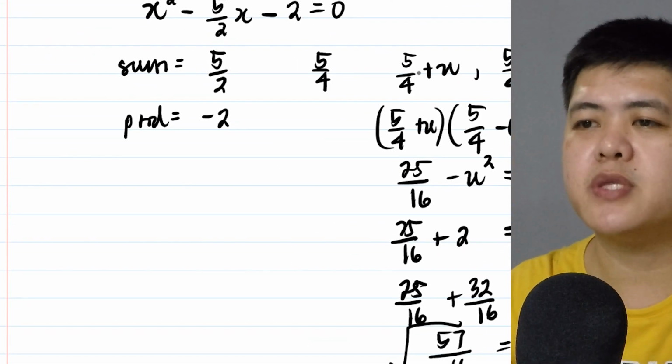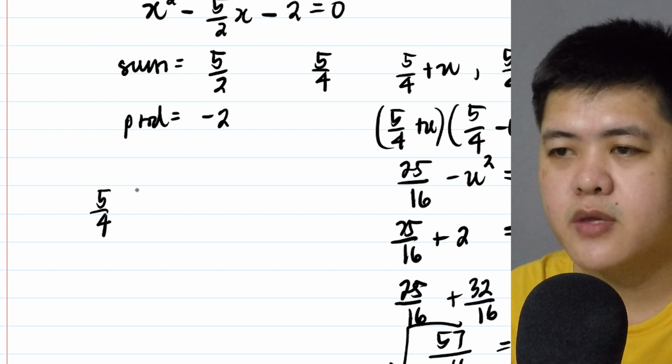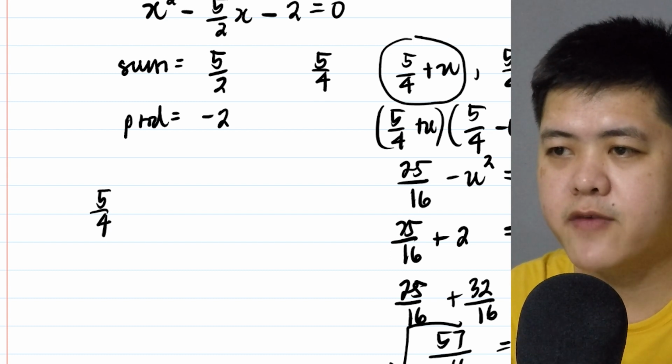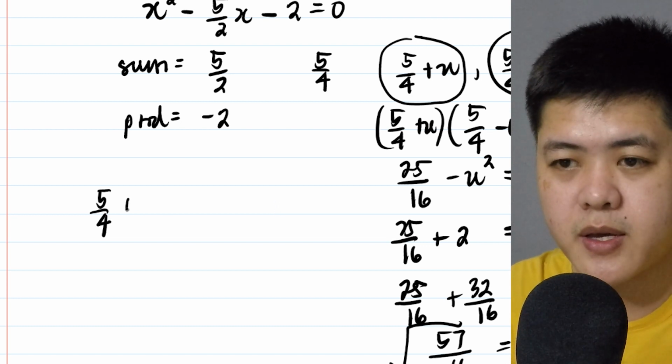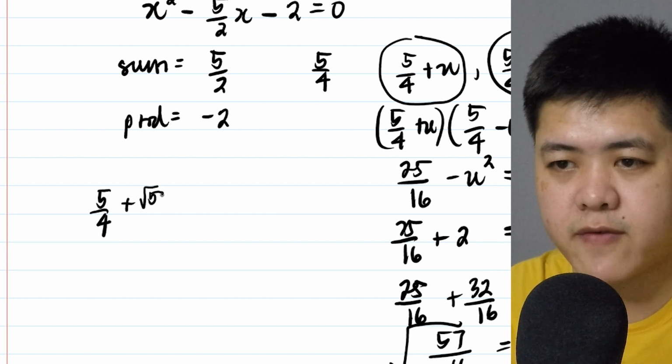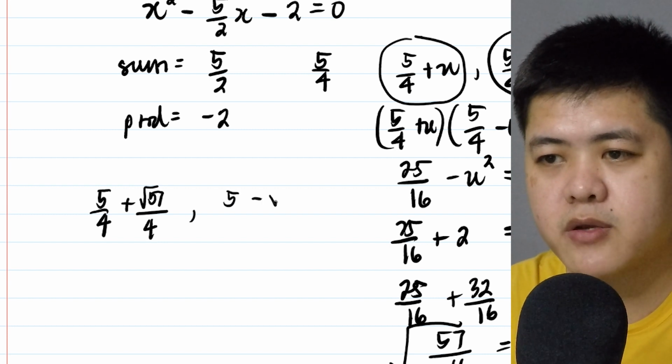So, the first root is 5 over 4 plus u, which is square root of 57 over 4. Plus square root of 57 over 4. The other one is 5 over 4 minus square root of 57 over 4.